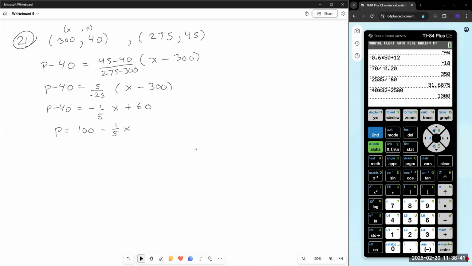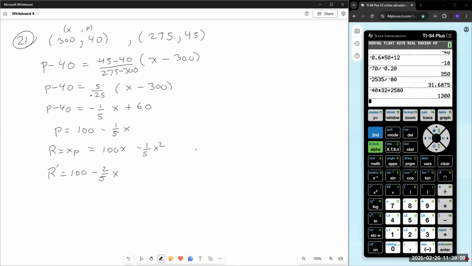So revenue is xP, which is 100x minus 1/5 x squared. And we want to maximize revenue. So R prime is going to be 100 minus 2/5 x.